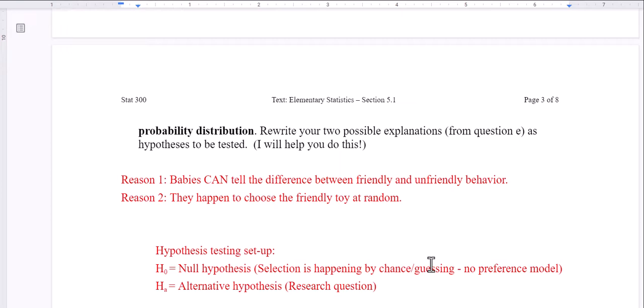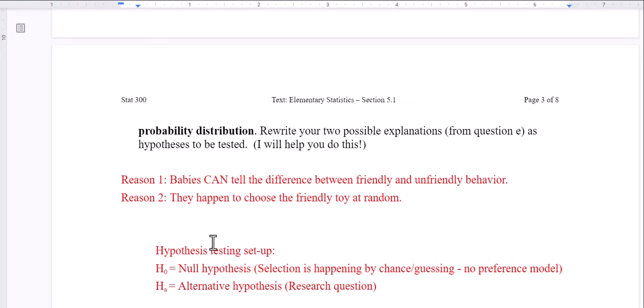The alternative is called the alternative hypothesis. Usually that's the research question. So in this case, the null hypothesis will be that the babies are choosing the friendly toy at random. They're just guessing. And the alternative hypothesis is going to be the researcher's question, that babies can tell the difference between friendly and unfriendly behavior, and thus they're choosing the friendly toy because they perceive it as friendly.